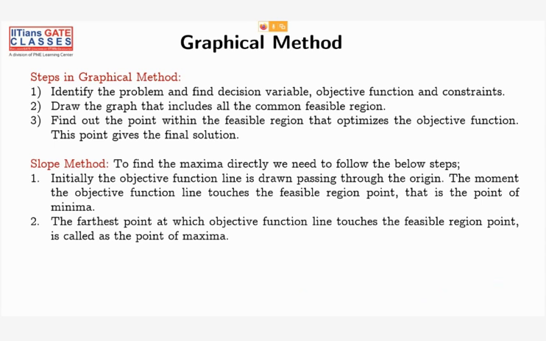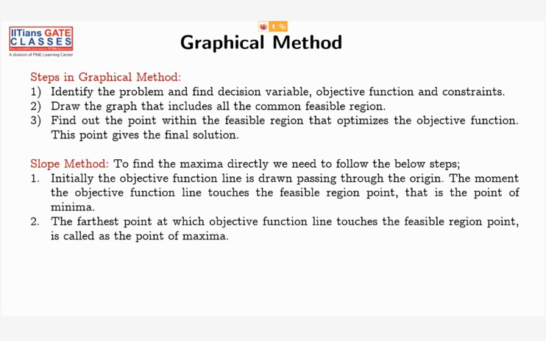So you identify the problem, find the decision variables, that is x1, x2, and so on. What is the objective function? What are the constraints? You write them. After that, you draw the graph that includes all the common feasible regions. So you plot the constraints onto the graph, and common feasible region means what they call the common shaded region.